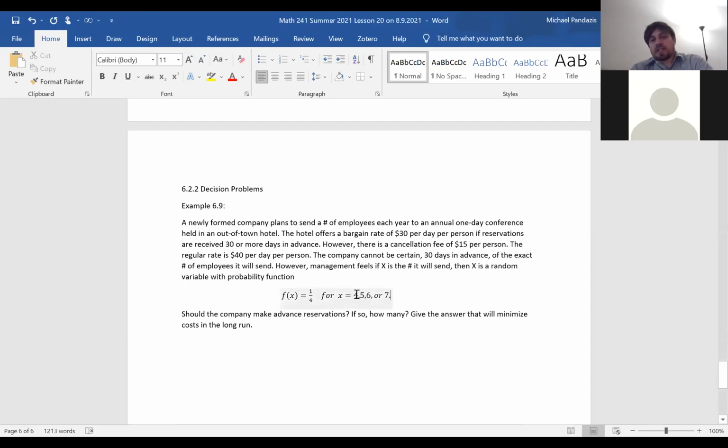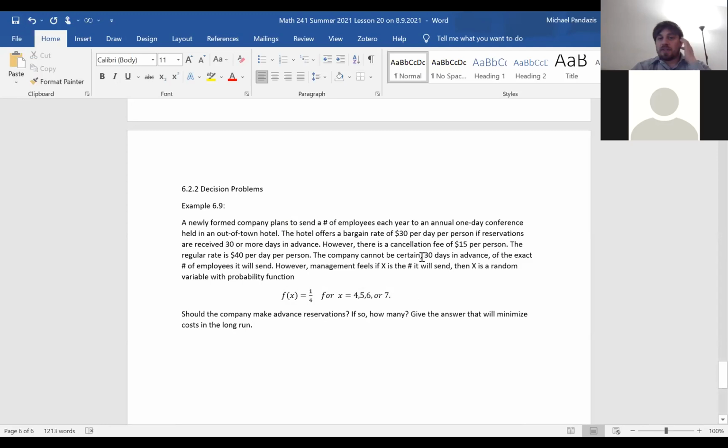Okay, so there's a 1/4 chance they send 4, a 1/4 chance they send 5, a 1/4 chance they send 6, and a 1/4 chance they send 7. That adds up to 1. There's no other possible value of X. Should the company make advance reservations? If so, how many? Right? If they make an advance reservation, it costs $30 per day per person.